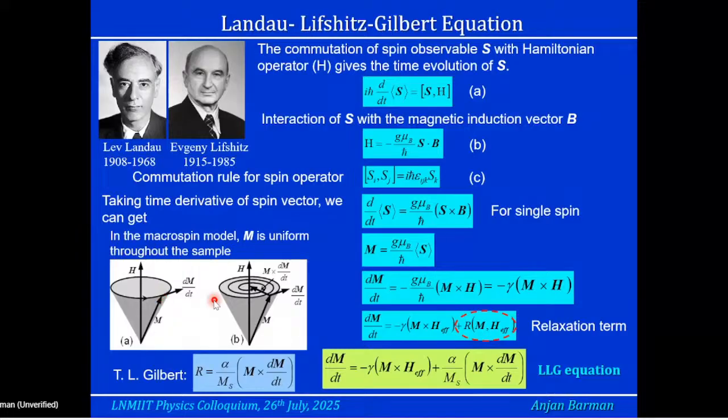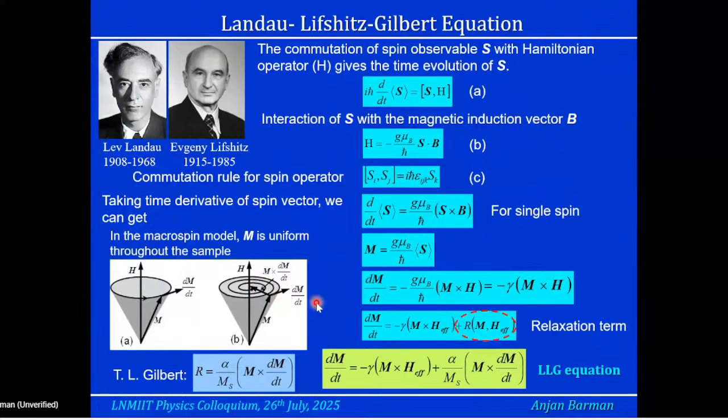So they finally come down and meet the equilibrium again. Here there is a damping along that direction, so finally M will be aligned with H. Instead of infinite precession, they slowly damp and follow a spiral path, and then finally align with the field and reach equilibrium. This is called the precession of magnetization.